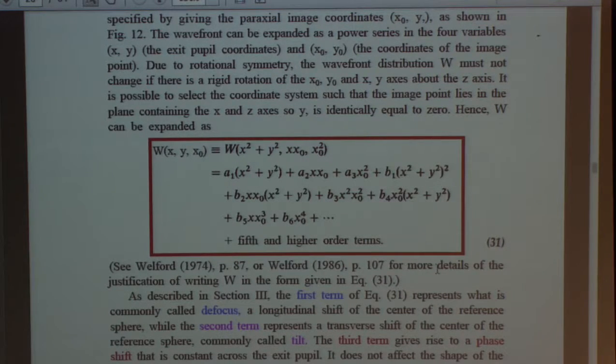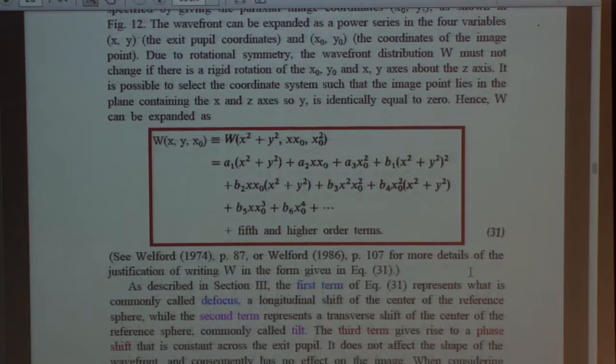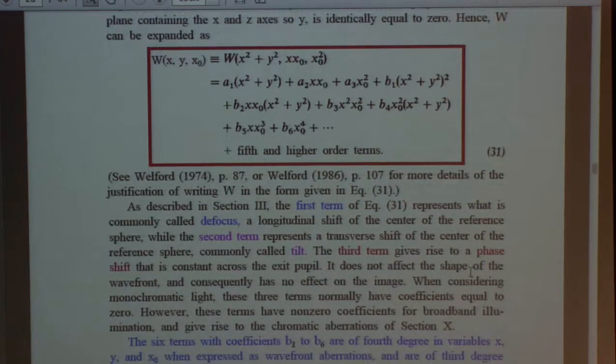Welford goes into a lot of detail on justification of writing the Seidel aberrations the way we're going to write them here. Welford is no longer alive, unfortunately, but he was a superb person. How he ever published a book with so many errors in it, it's like he never proofread it. That is very, very surprising. So if you have the 74 edition, which you probably don't have, throw that away and get the 86.